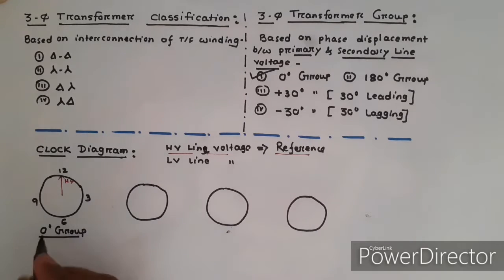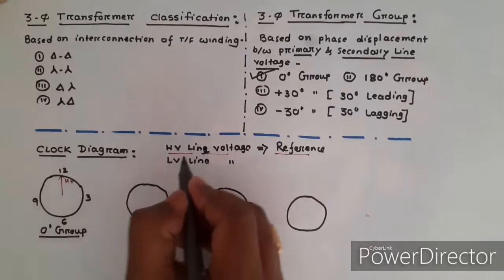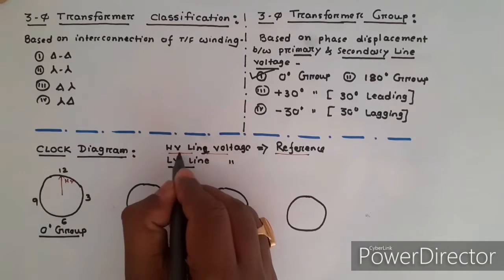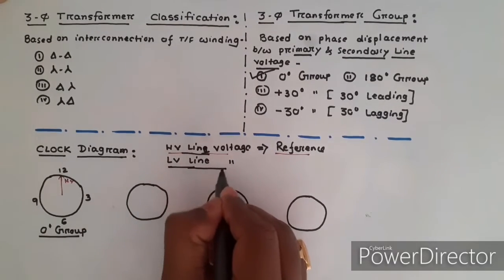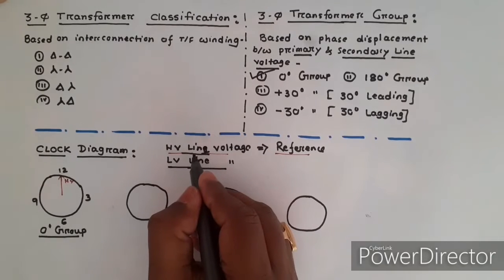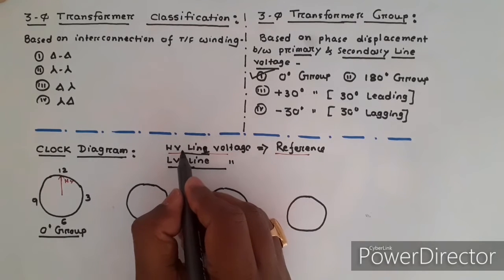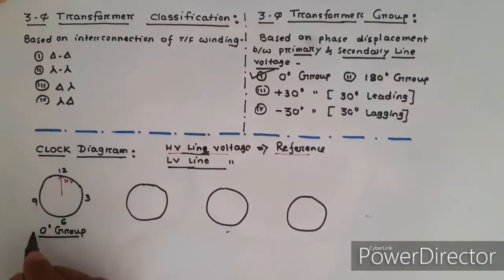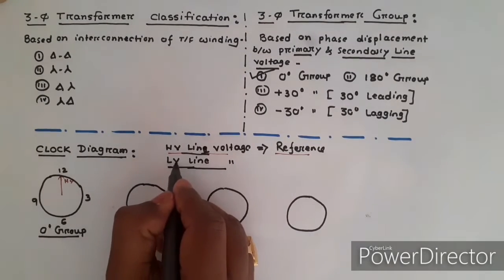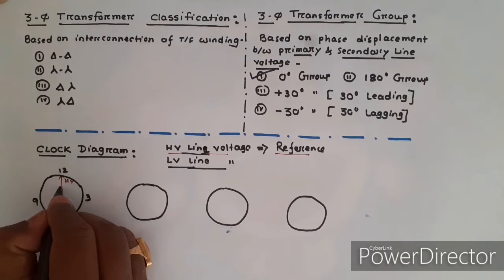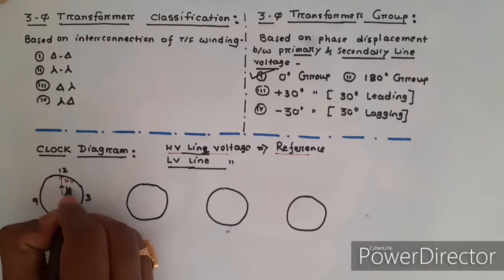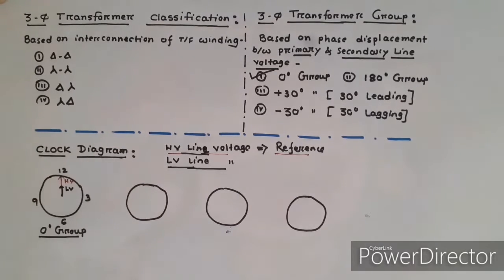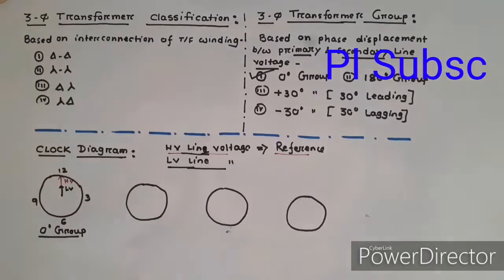Now, for 0 degree group, there will be no phase difference between HV line voltage and LV line voltage. That means the phase displacement will be 0 degree. That means the LV line voltage will be at 12 o'clock also. This is 0 degree group.